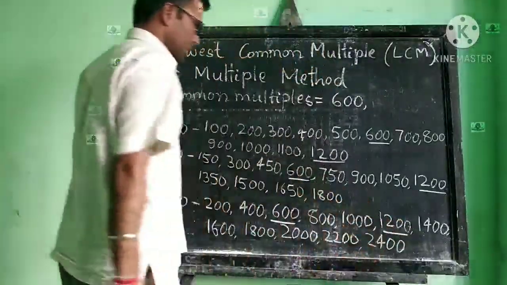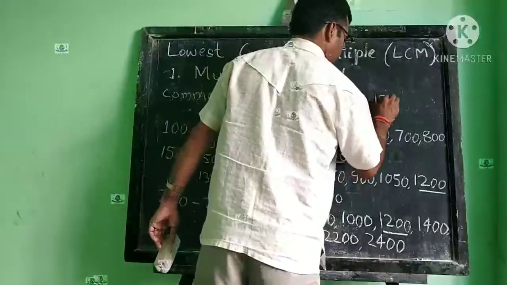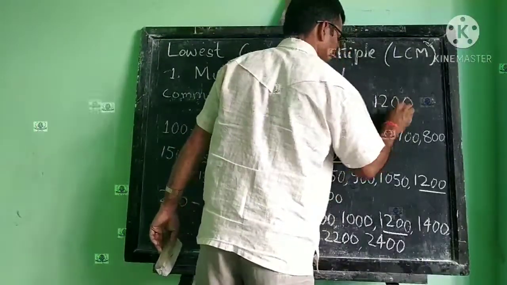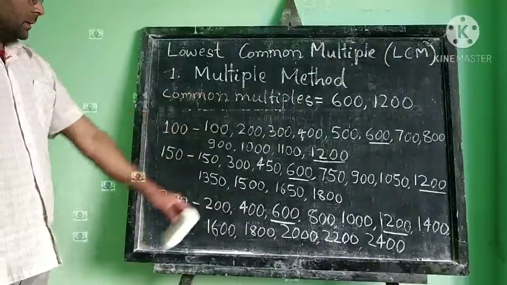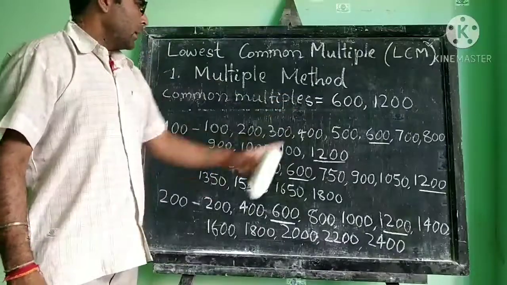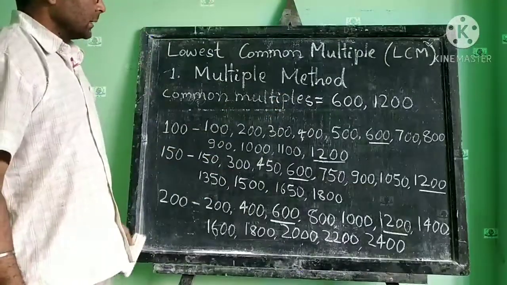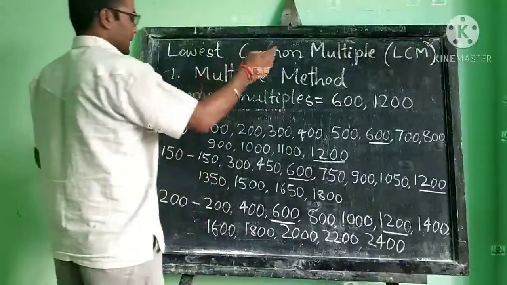So out of 12 multiples of these three numbers, we have found two numbers common in all, that is 600 and 1200.